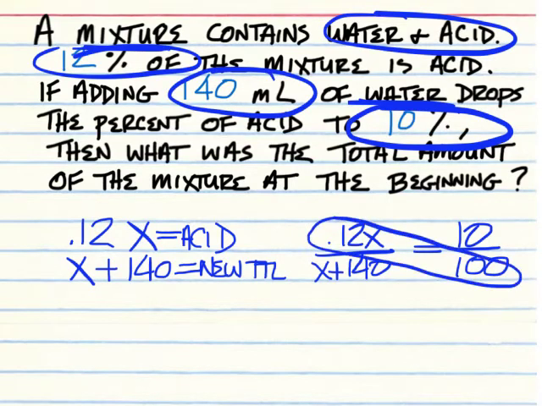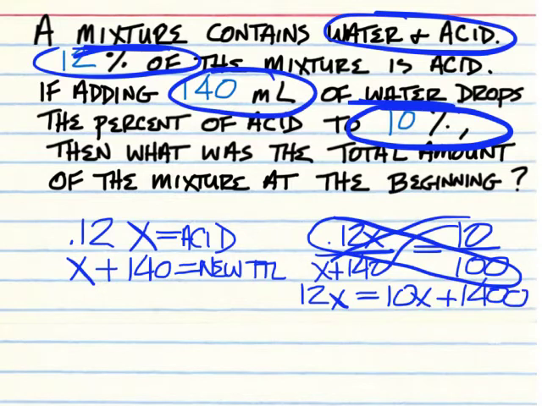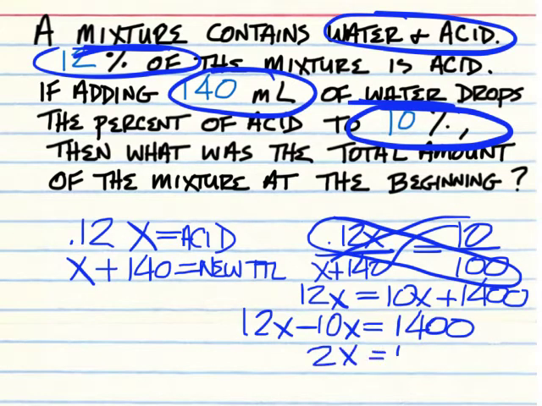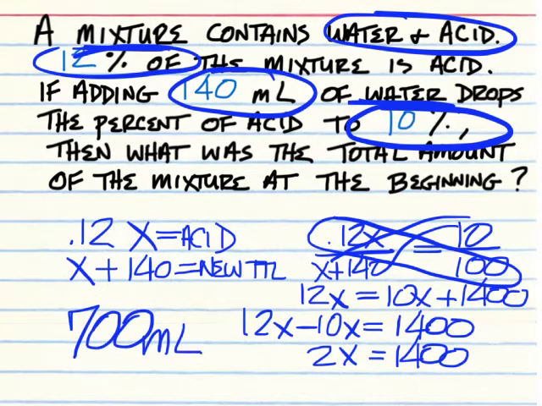Cross multiply here to get 12x, and then here to get 10x plus 1400. Now 12x minus 10x equals 1400. That's 2x equals 1400. Divide 1400 by 2 to get an answer of 700 milliliters.